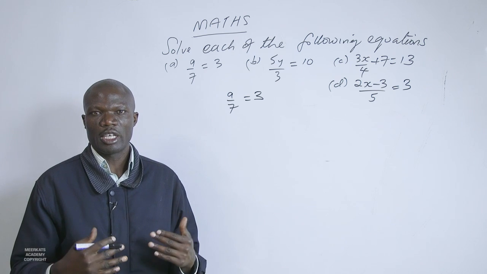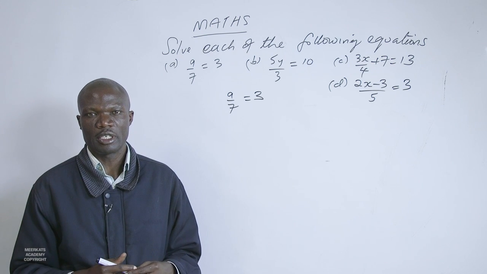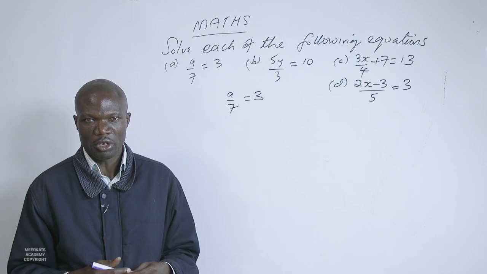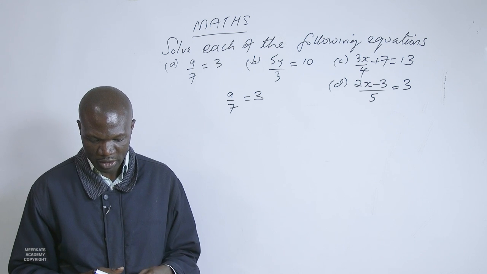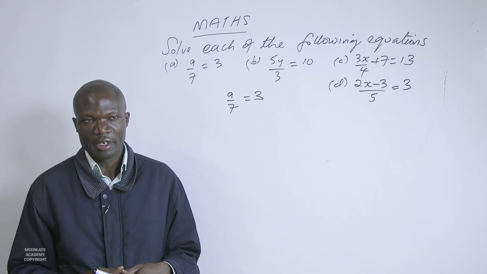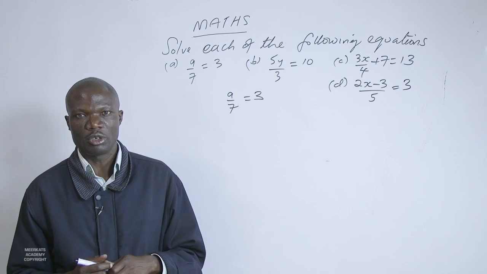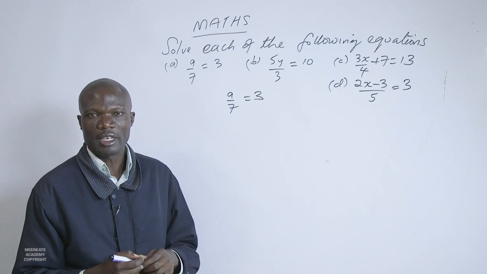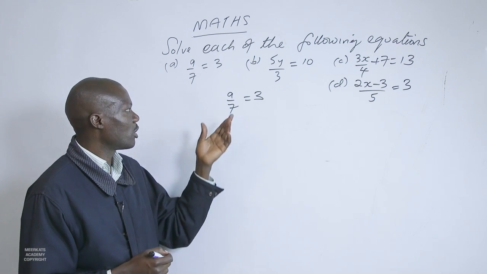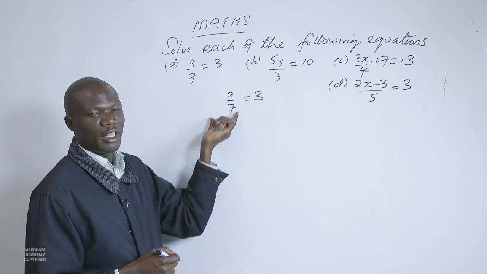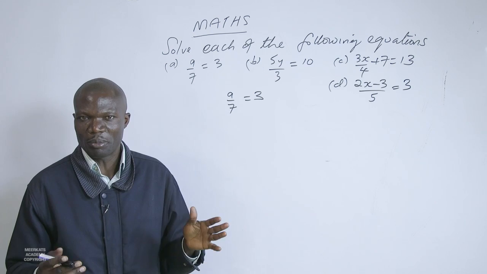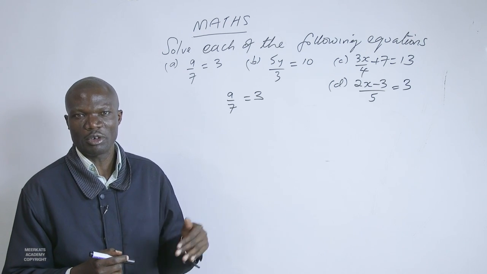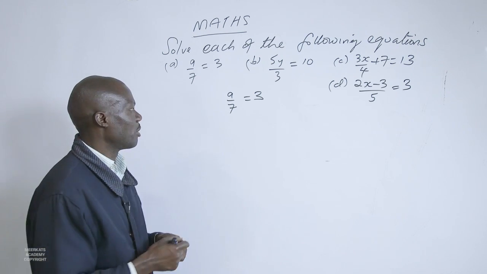The approach we are using here is a systematic one. We have a over 7 on one side, and on the other side we have 3. Take note that this one is already a fraction. The whole of it is a fraction, so we are going to multiply by the denominator.